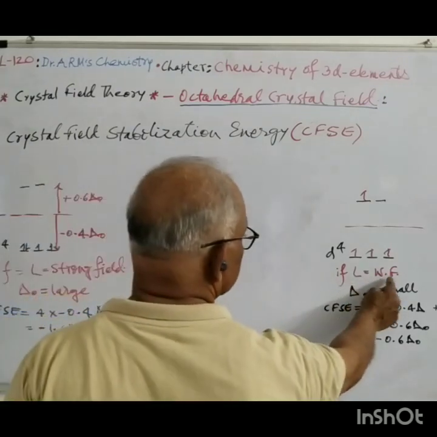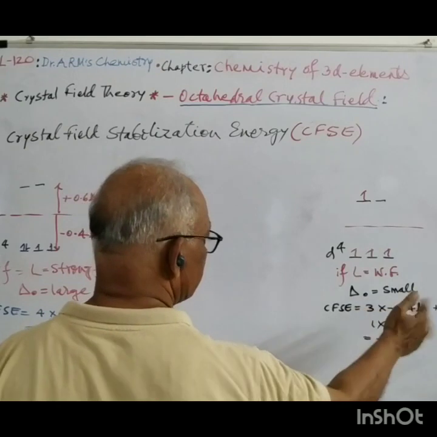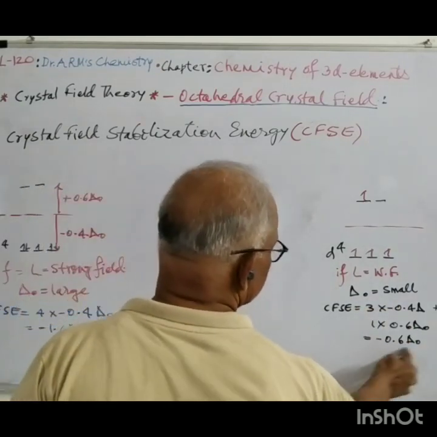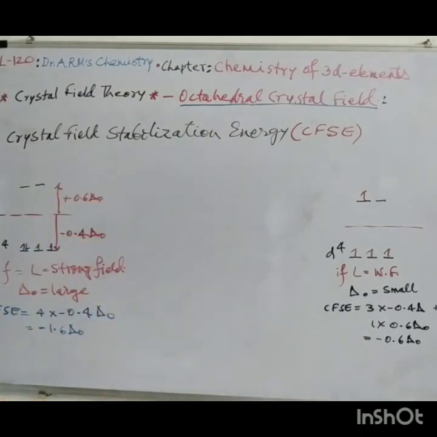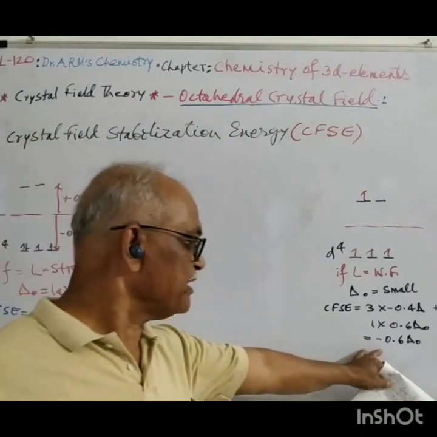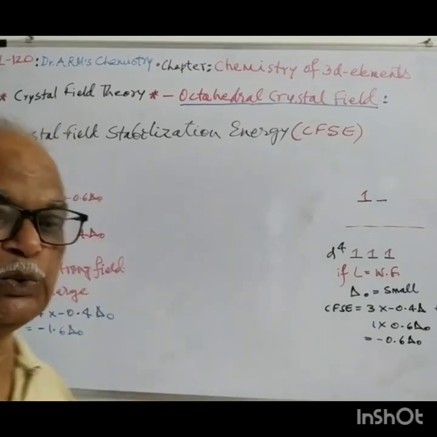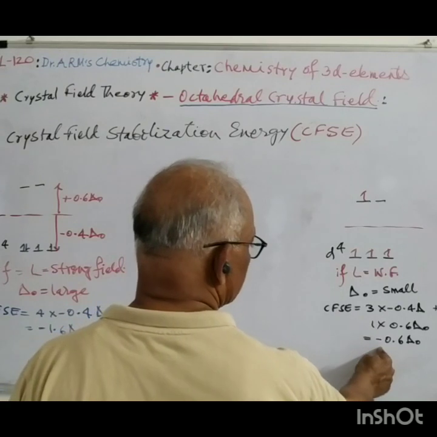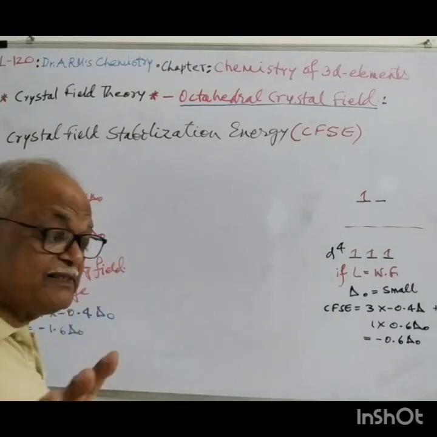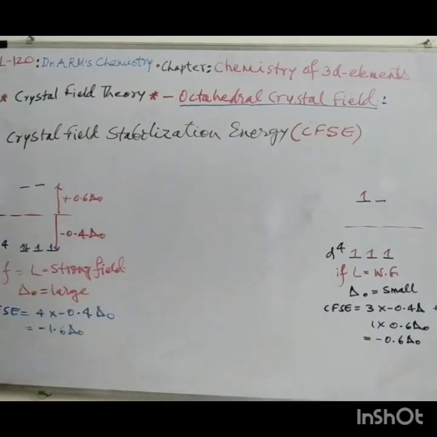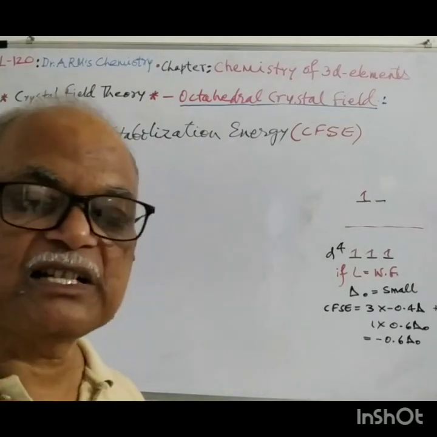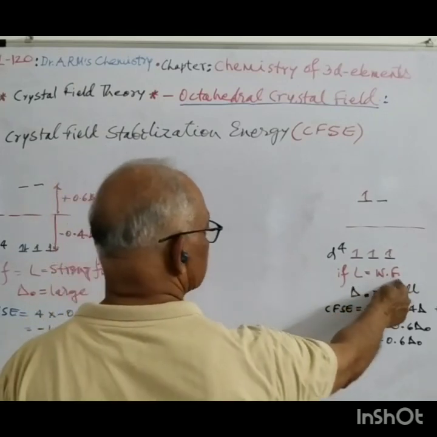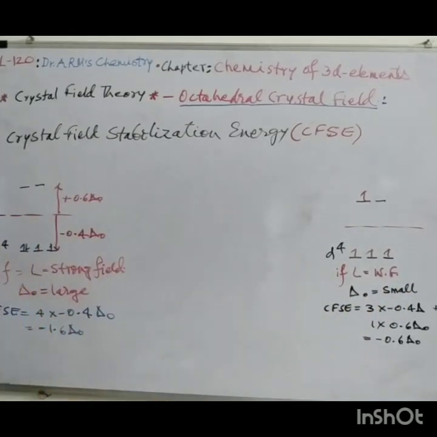And if the ligands are weak field, delta is smaller, and the value of CFSE is minus 0.6 delta O. So the difference shows that this complex is relatively less stable, and this one is more stable. The difference arises due to the nature of ligands. Here the ligands are weak field, here the ligands are strong.